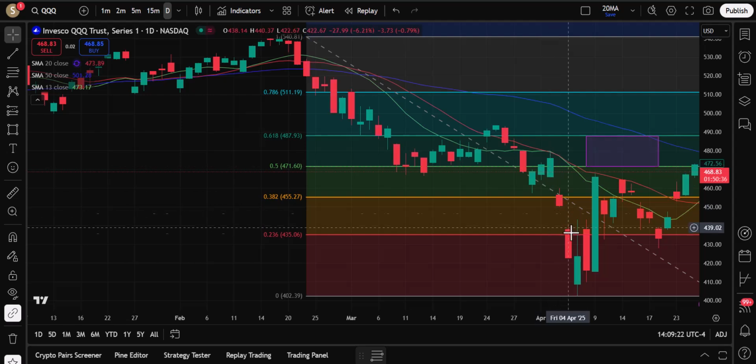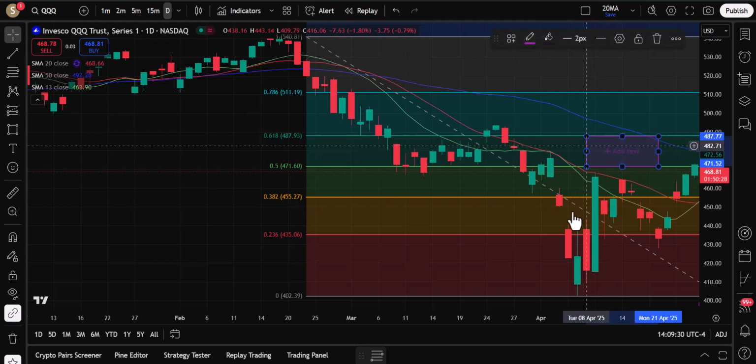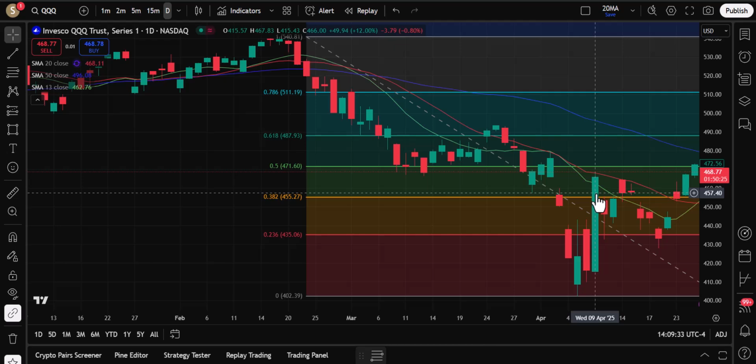The third thing, how did we get to this level after the bounce? If we had continued, and I'm going to take this out now, if we had this day on April 9th, and then on April 10th and 11th, we were trading already up here at the 0.618 level or even above, then it's not a great area to look for shorts.